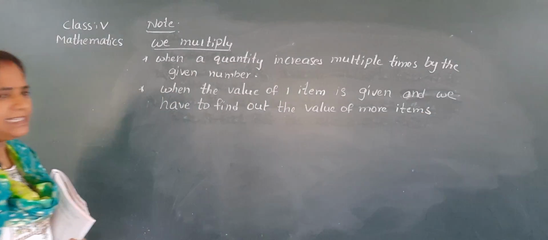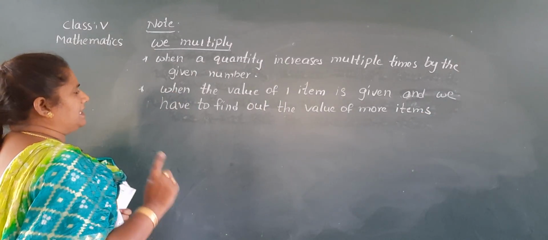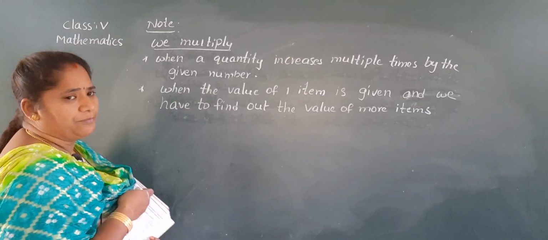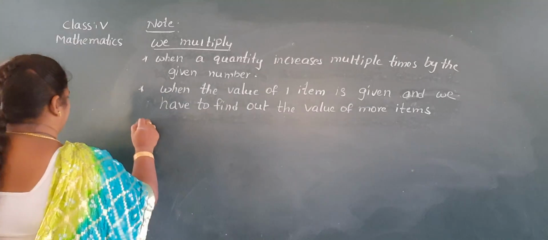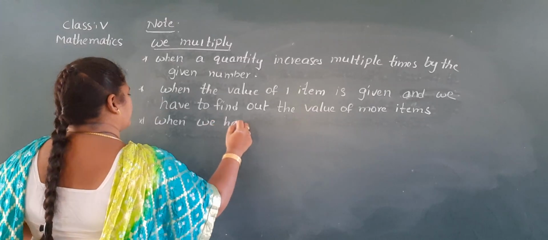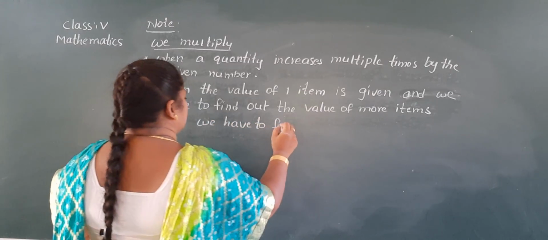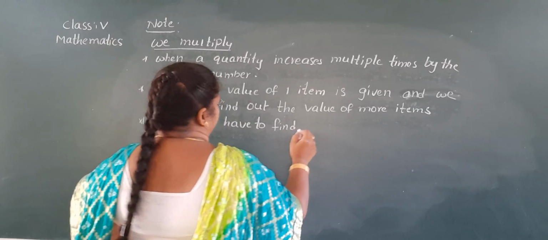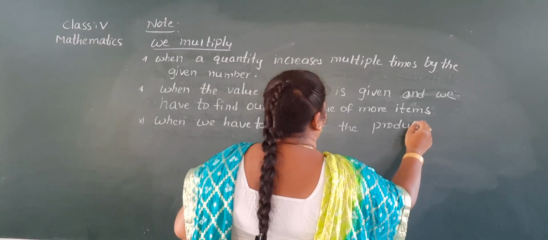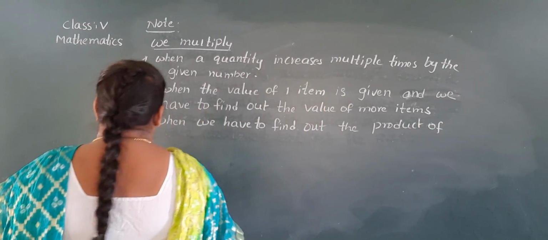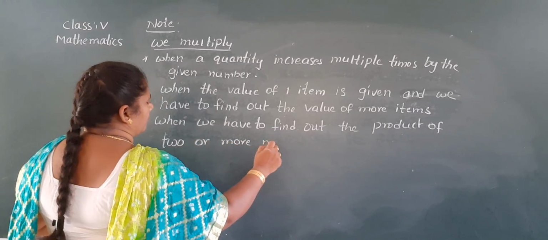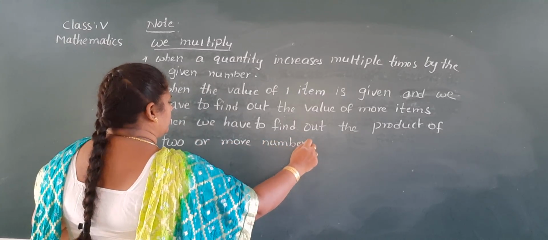So when a quantity increases multiple times by the given number, that is the first one. When the value of one item is given and we have to find the value of more items, we do multiplication. And third one, when we have to find out the product of two or more numbers. Note down in your classwork.